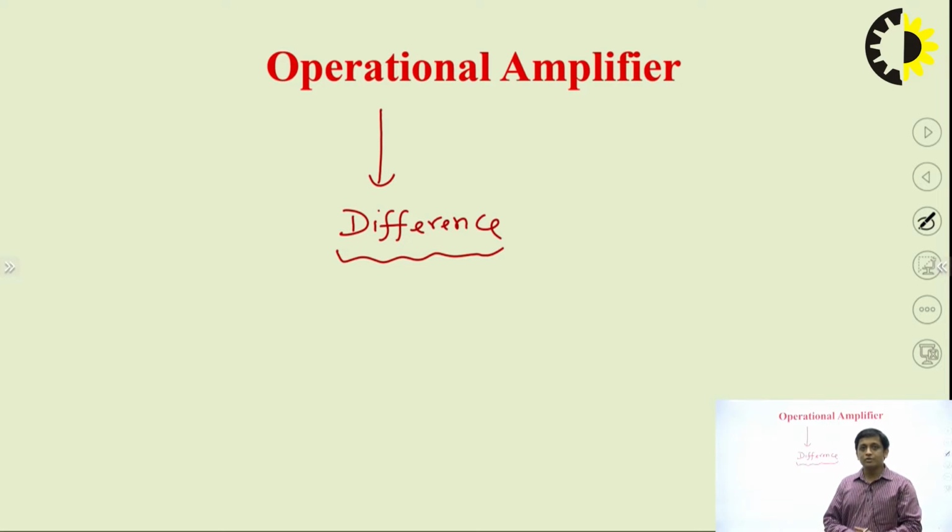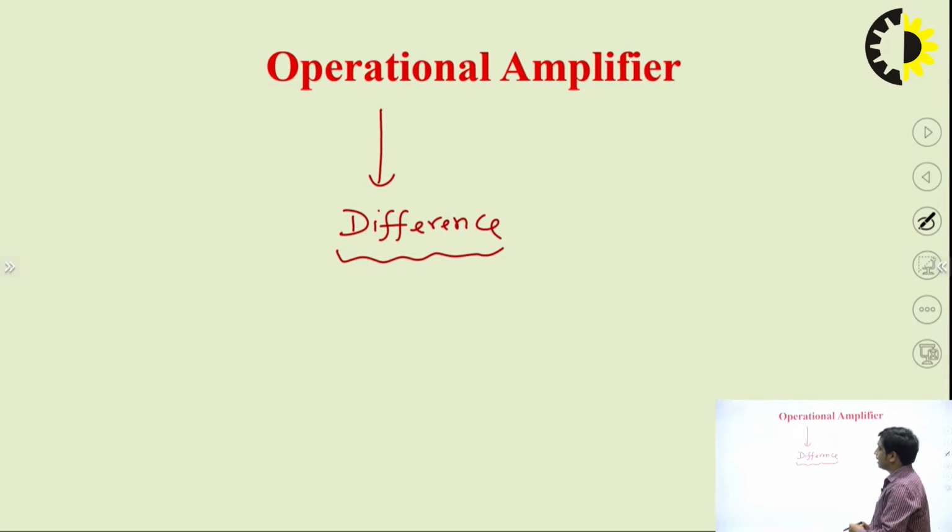And one of the advantages of this operational amplifier is that the effect of noise is very less. That's why operational amplifier is very much used in the design of various circuits like oscillators and active filters. There are various other advantages also, and we'll discuss them in further slides.